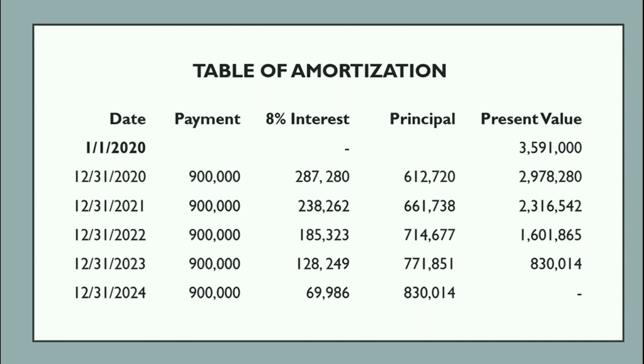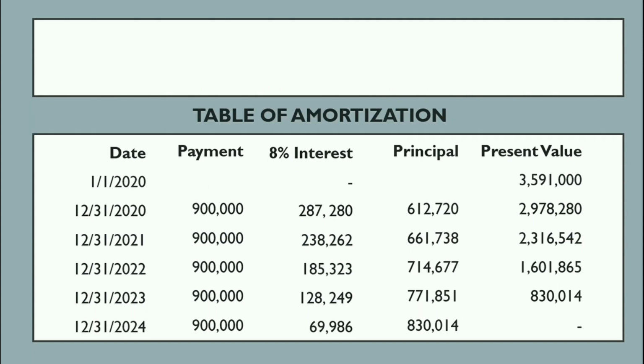Kasi itong part na ito is the sale transaction at saka wala pang payment kasi nga, di ba, payments for annual rentals only happen sa end of the year of each 5 period. So sa amortization table ng January 1, 2020, we only have present value of rentals of 3,591,000.